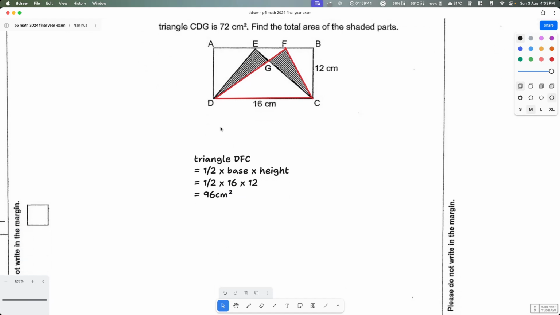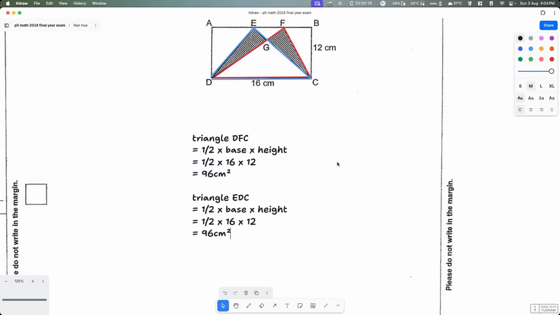So that's done. Next we're going to get the one that is in green, over here, and then the blue one, then two over here at the bottom as well. Triangle EDC is actually the same. Half times base times height, half times 16 times 12 is 96 as well.